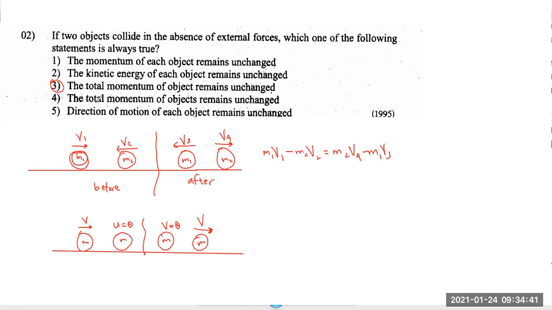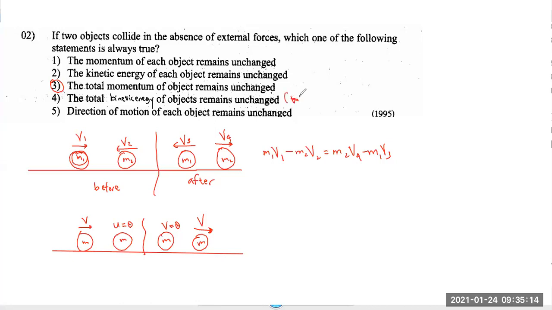I think for the fourth one we can consider total kinetic energy. Let's go with total kinetic energy for the fourth statement, since obviously there is a printing mistake. So what can we say about total kinetic energy? Total kinetic energy will not remain unchanged unless it is an elastic collision.